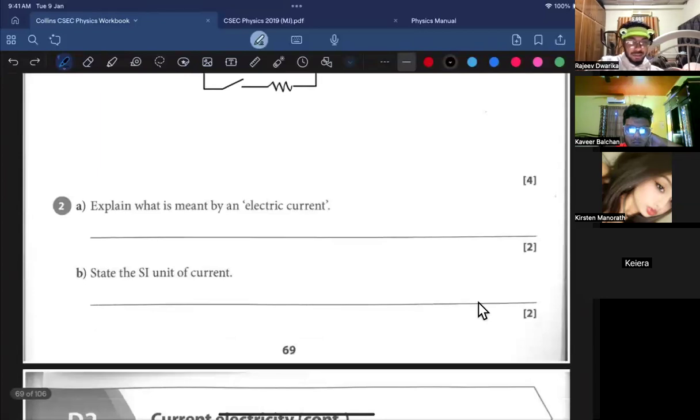Explain what is meant by an electric current. What is current? Current is the amount of electrons flowing in a circuit. That's charge. Current is simply the flow of electrons.